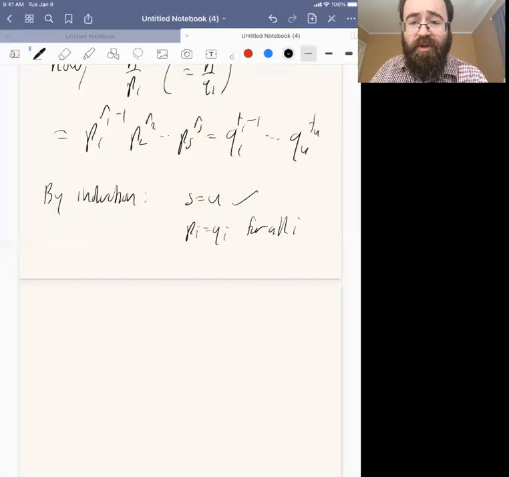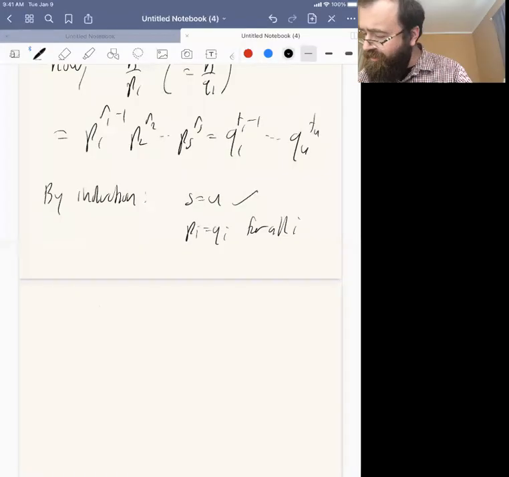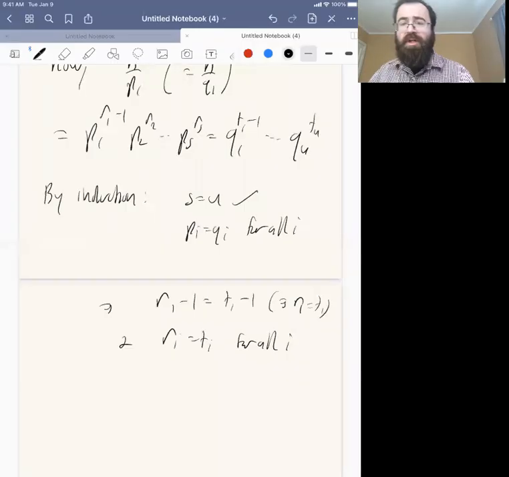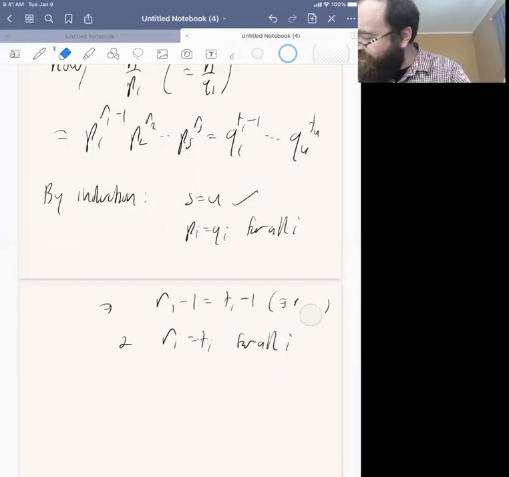Now you see it for all the rest of them. And you conclude that r1 minus 1 is t1 minus 1, and ri is ti for all i. But of course, this implies that r1 is t1. So you would conclude that all of the different numbers that appear in the decomposition are equal.